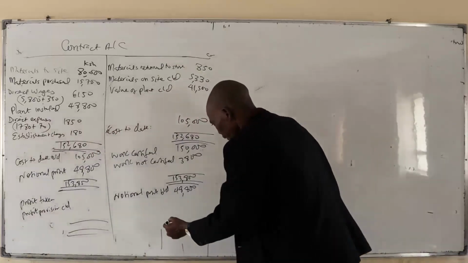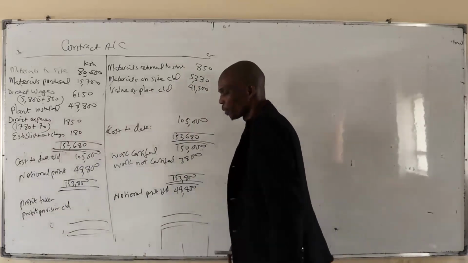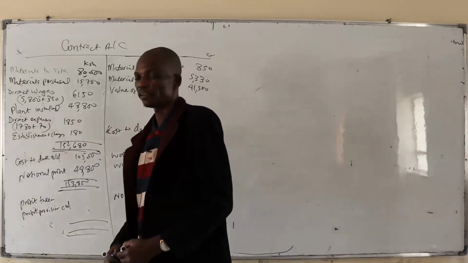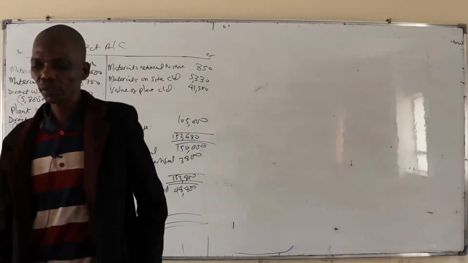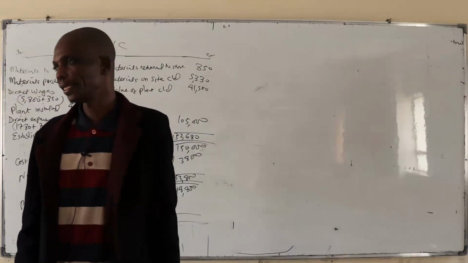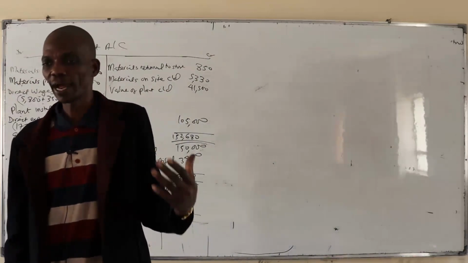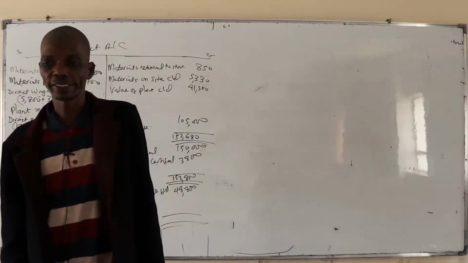Now, in this case, the profit to be taken depends on the degree of completion of the contract. When the contract is at its early stages, like we have already done 20%, then no profit is taken.